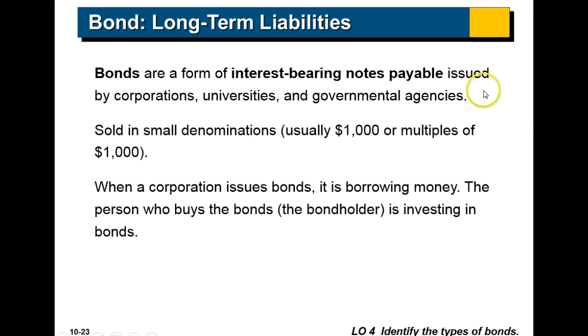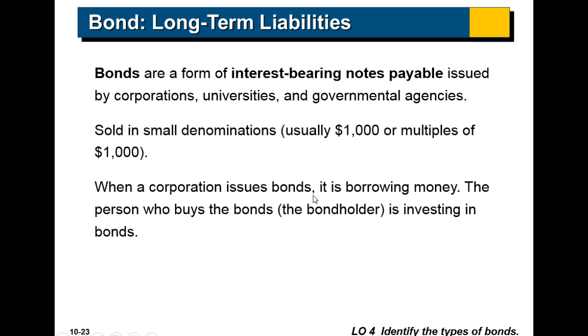They're a note payable that get issued by various entities, and they can be sold in denominations of $1,000 up to $100,000. When a corporation issues bonds, it's basically borrowing money. Think of a bond as borrowing money.